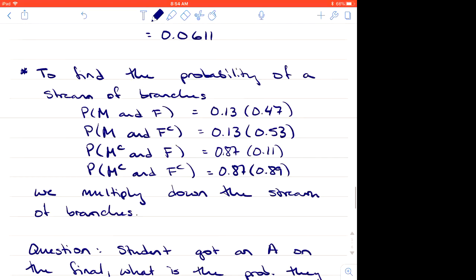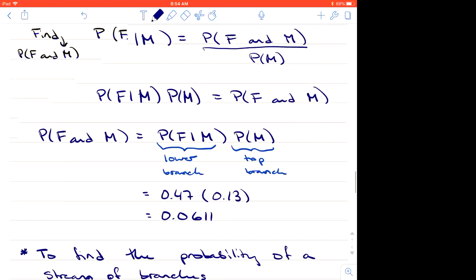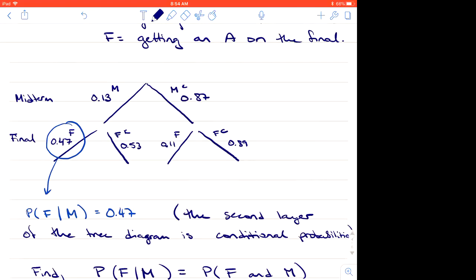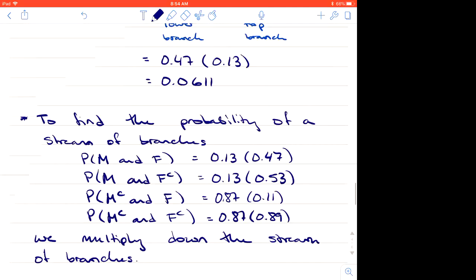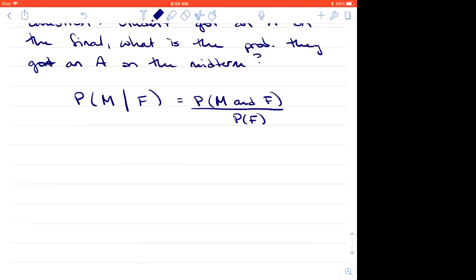We said, okay, we can either multiply down the branches. So M and F has to be 0.13 times 0.47. So M and F is 0.13 times 0.47.